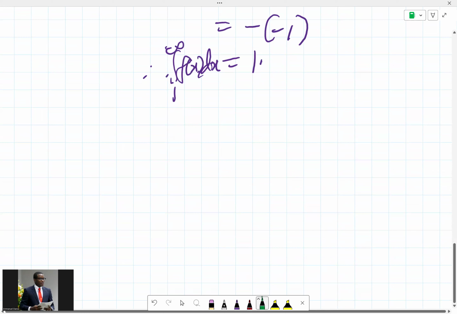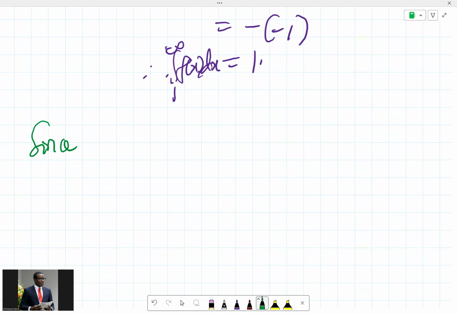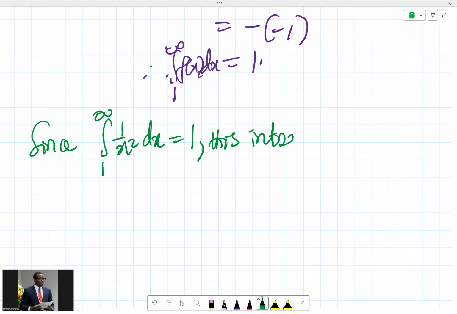To conclude that, since the integral from 1 to infinity of 1 over x squared dx is equal to 1, and that means it's not undefined, since it's equal to 1, then we say that this integral converges.